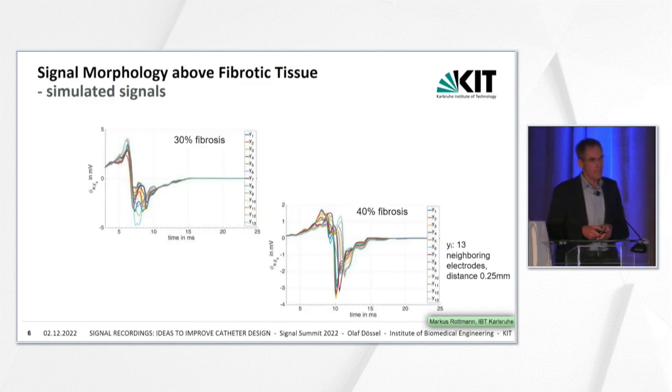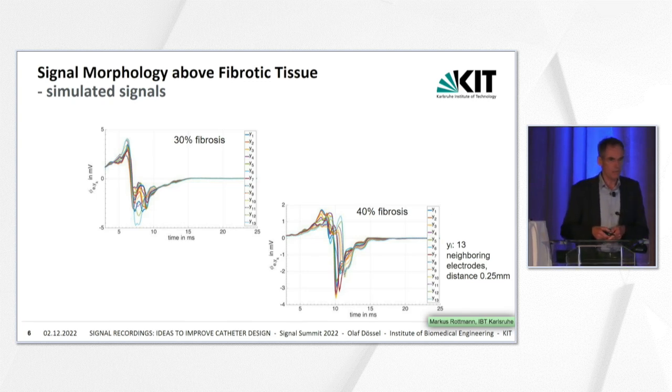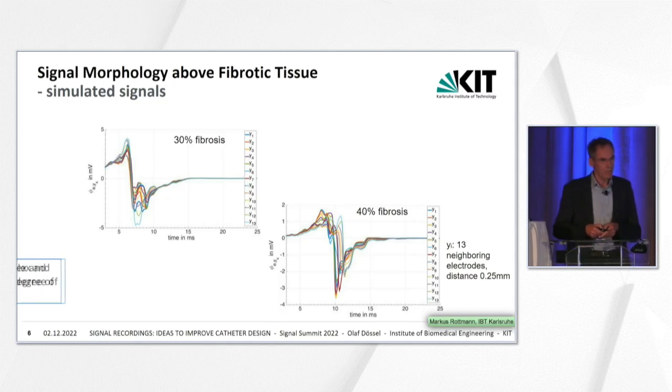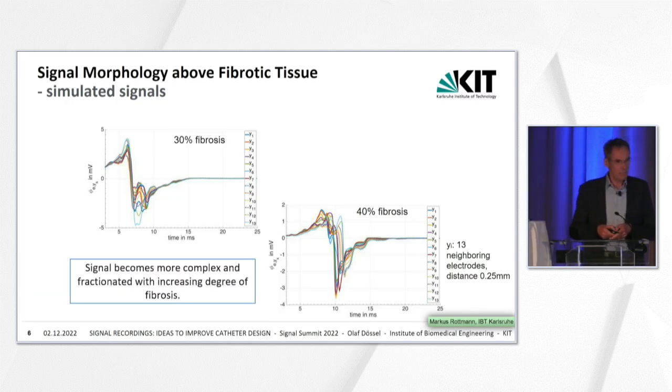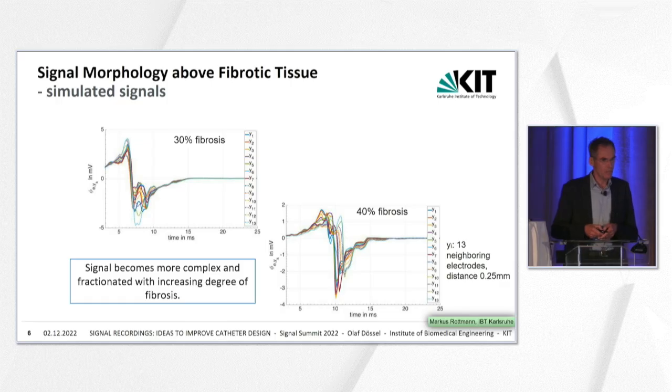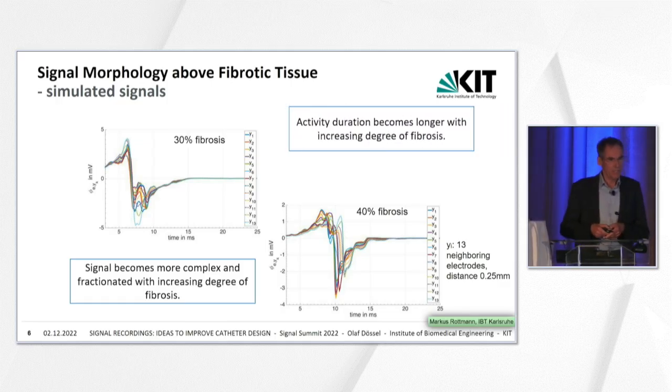And these are the simulated signals that belong to this fibrotic tissue with 30% and 40% fibrosis. And what do we see? The signals become more complex and fractionated with increasing degree of fibrosis, and the activity duration becomes longer with increasing degree.